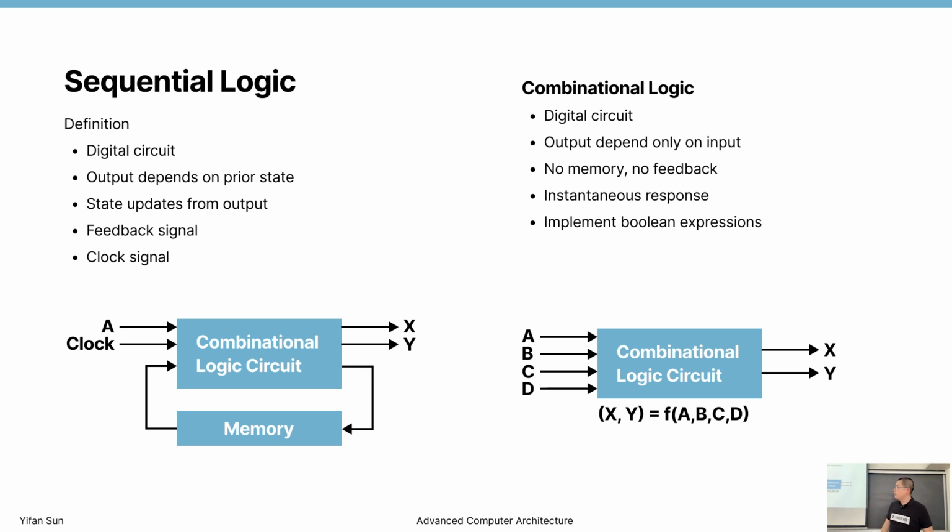For most of the time, you can consider the input as going through the combinational logic circuit or going to the memory directly. So for most of the time, we're dealing with a clock signal and also a feedback signal that forms a loop. For the clock signal, I think you must be very familiar with terms like Intel CPUs working at 2 gigahertz, 3 gigahertz. Those are the frequencies of clock signals. That basically means that in half a nanosecond or a third of a nanosecond, the state updates once, and the combinational logic finishes one set of calculations.